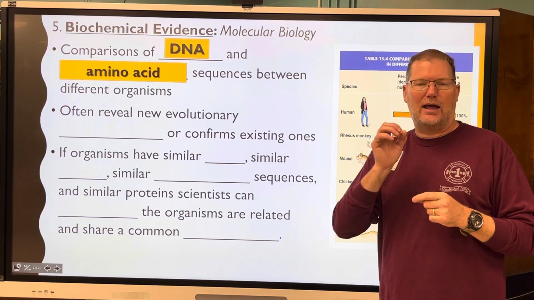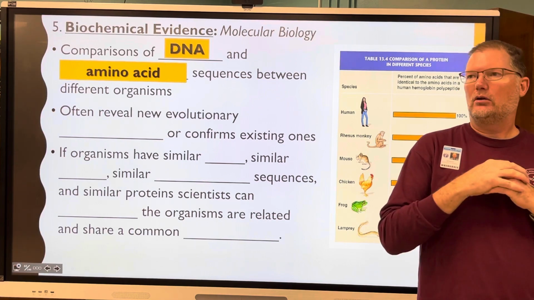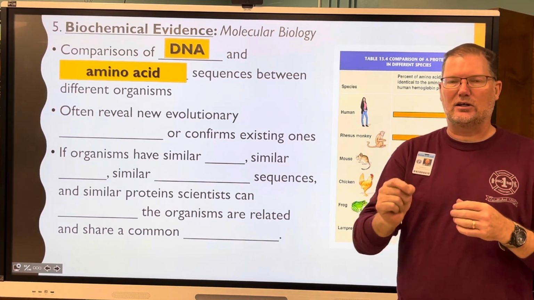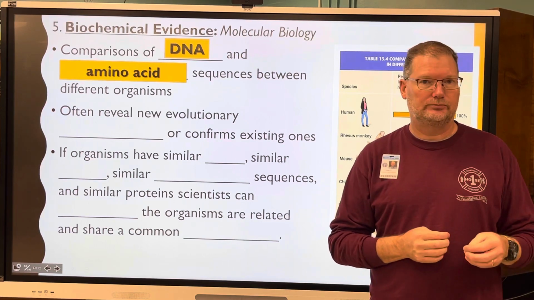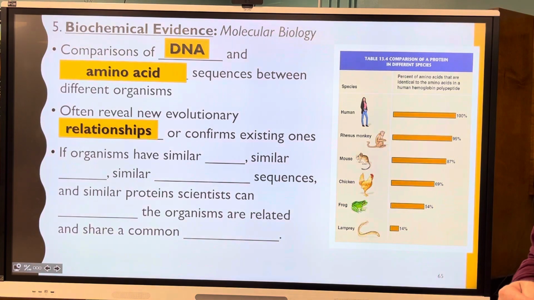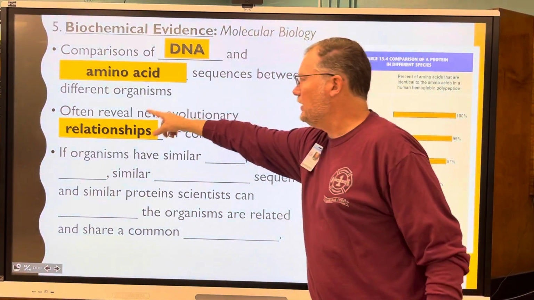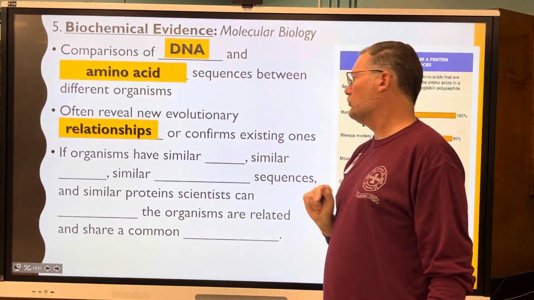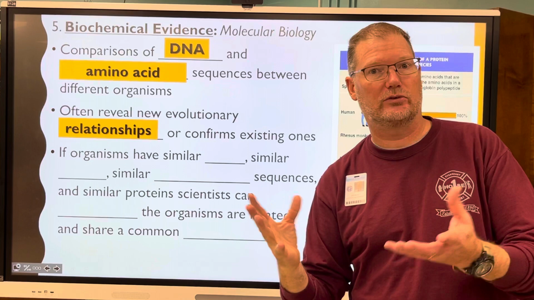Once DNA and amino acid sequencing became available, they realized when they tested it that it's not related to a dog at all. It's related more to a weasel, to the weasel family. How crazy is that? So they, like I said, reveal new evolutionary relationships that we didn't know existed just by looking at the bones.